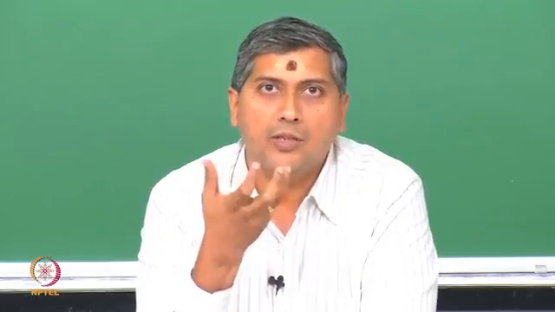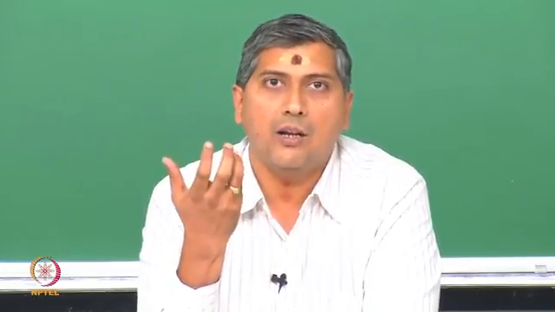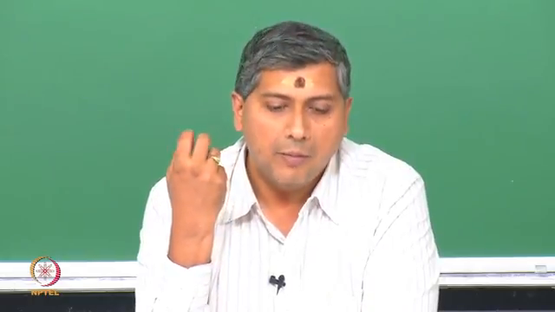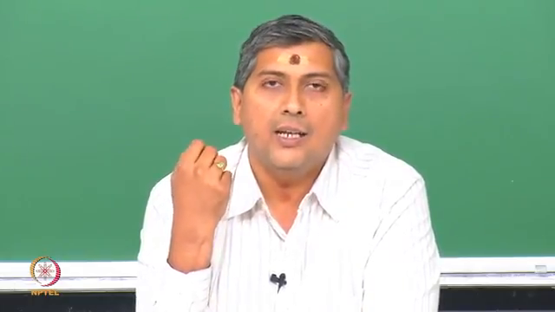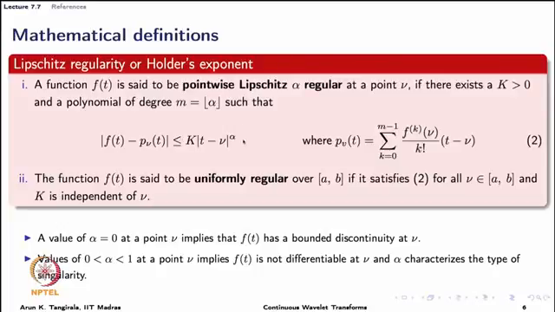consolidating all the remaining terms into an error term. And what Lipschitz regularity is doing is giving a bound on that error, and the exponent of this bound is the Lipschitz regularity. So, it says if you can show that the bound on the error in the approximation can be expressed as k times modulus t minus nu raised to alpha, and that there exists a k greater than 0, then alpha becomes the Lipschitz regularity or the Holder exponent.